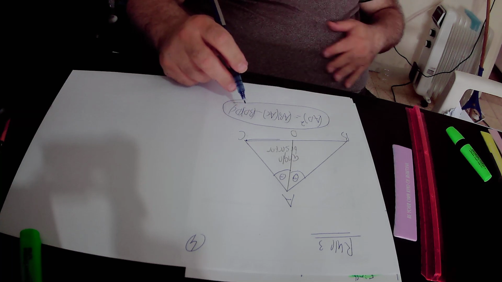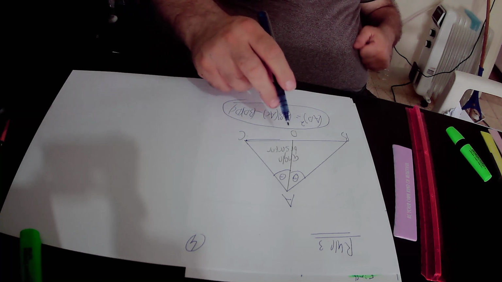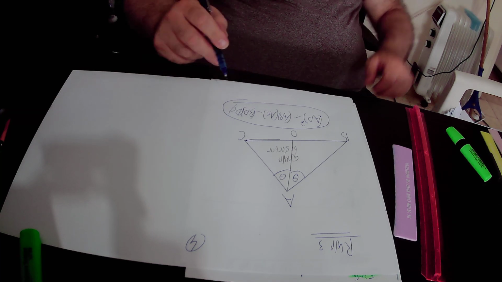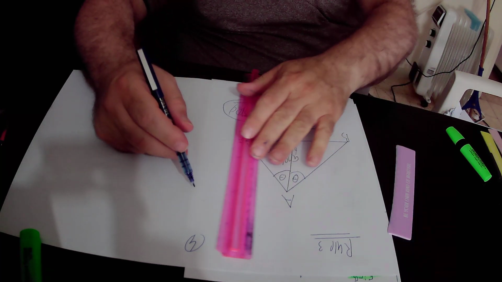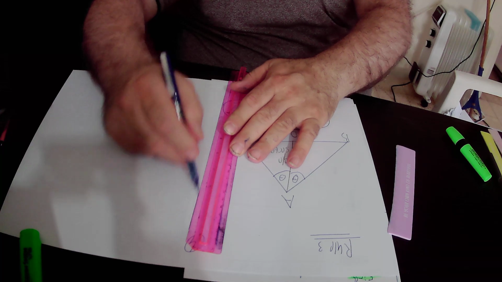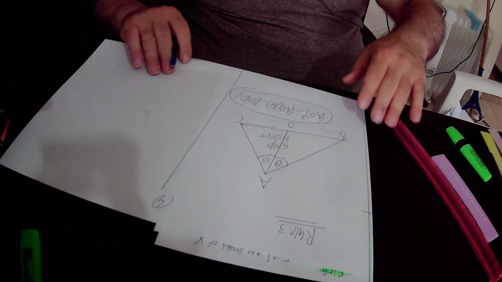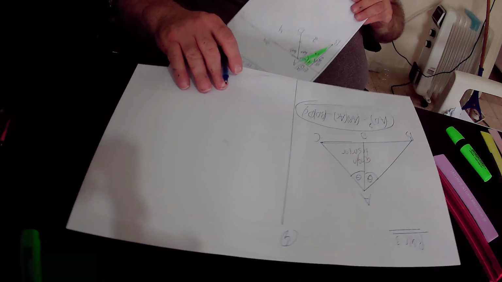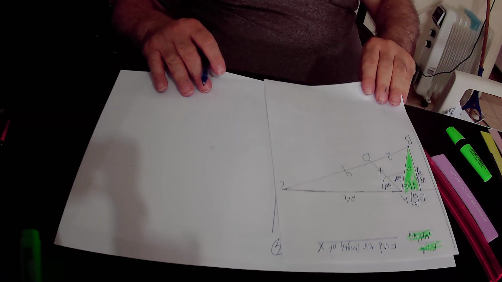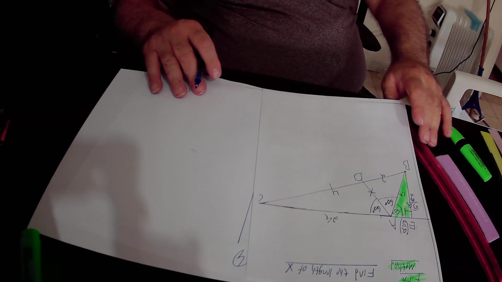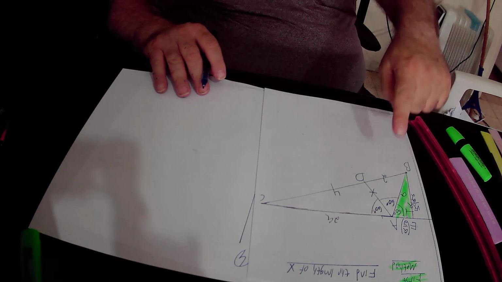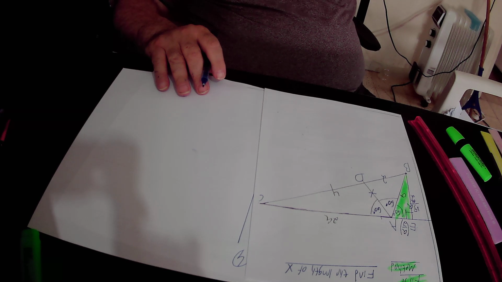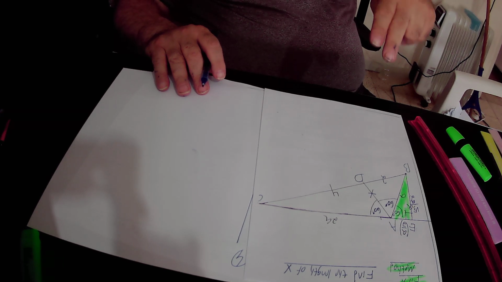If we have triangle ABC that could be any triangle, and we have the angle bisector AD, then AD squared equals AB times AC minus BD times DC. Actually, we can implement rule number 3 in triangle ABC. Why? Because triangle ABC has the angle bisector AD. That is the reason that we can implement rule number 3 in triangle ABC.